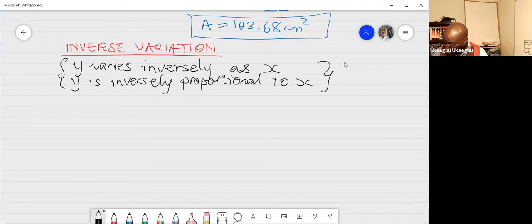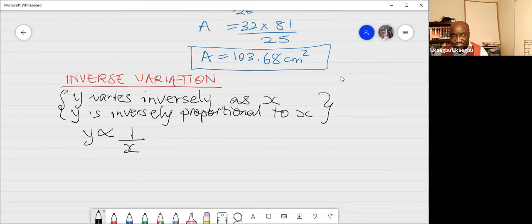In that case, you will just write y is inversely proportional to 1 over x. You see, in the direct variation, the x is on the numerator. In the inverse variation, the x is on the denominator. That's the huge difference right there.